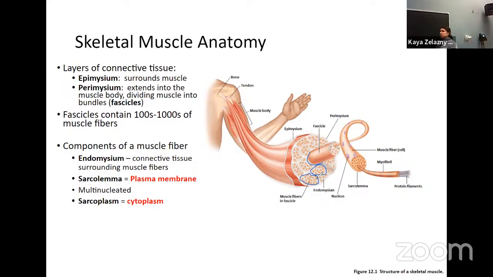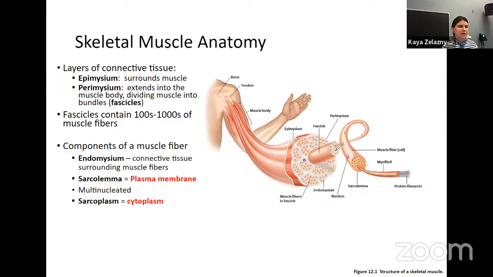There are hundreds to thousands of muscle fibers within a fascicle. So we may be getting quite small when we look at these fascicles. We'd be starting to zoom in under a microscope to see those individual muscle fibers. So when we're looking at an individual muscle fiber, we've pulled out just one from a fascicle.